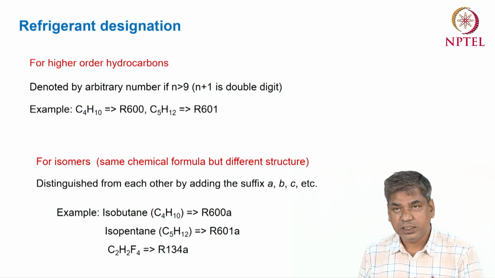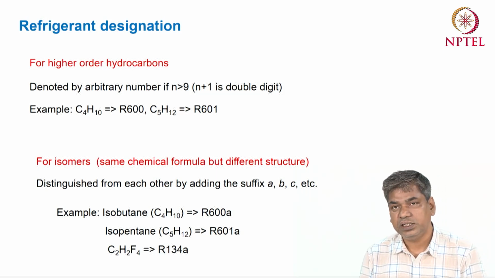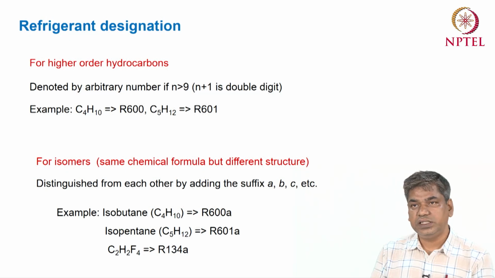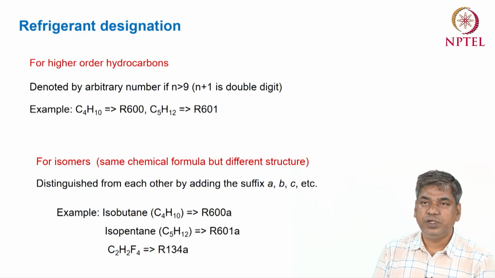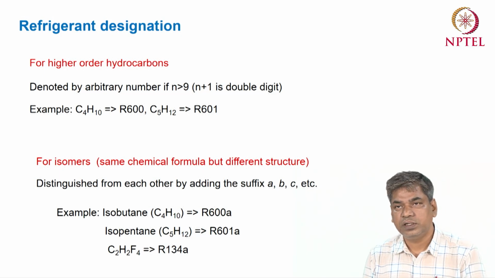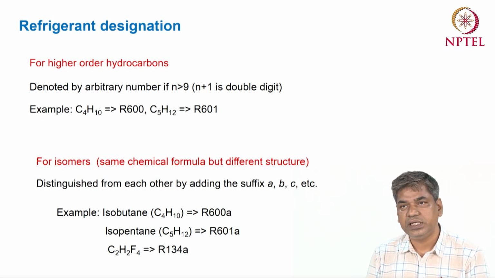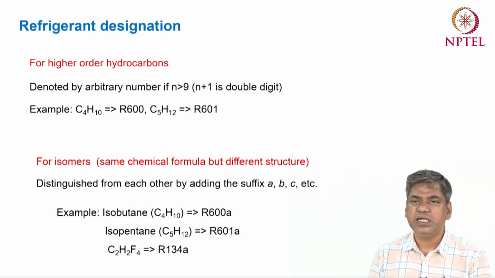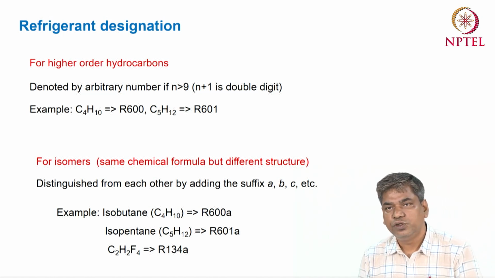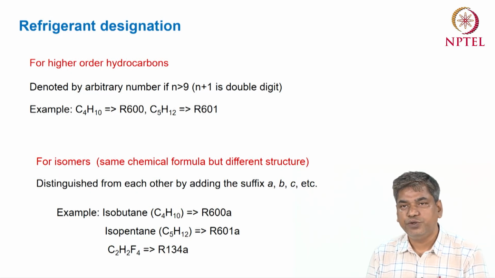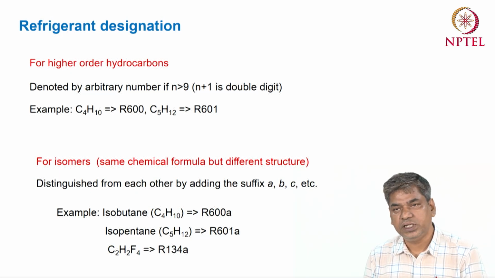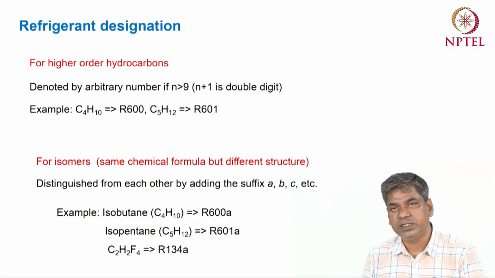Similarly, in another category, there are isomers. Isomer means the same formula but a different chemical structure. For that case we will add a suffix A, B, C, etc., or any other suffix can also be used. For example, isobutane and n-butane both have the same chemical formula but different structures.